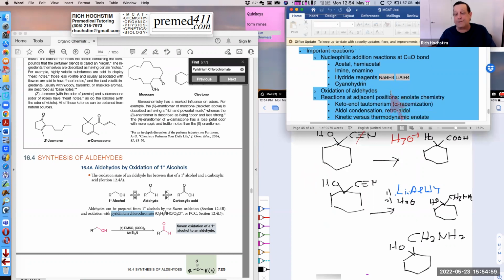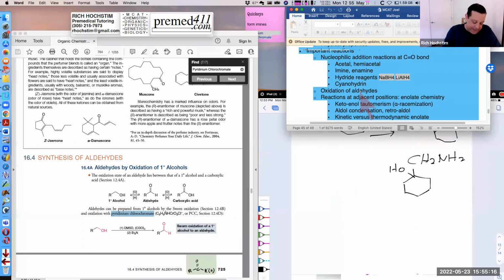Okay, so we already did the oxidation of primary alcohols, but I got confused where I was. So now let's do the oxidation of aldehydes. Basically, this is very straightforward.